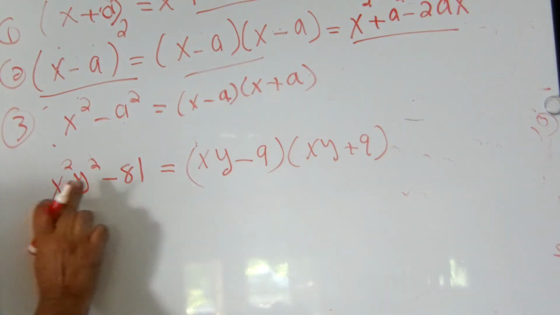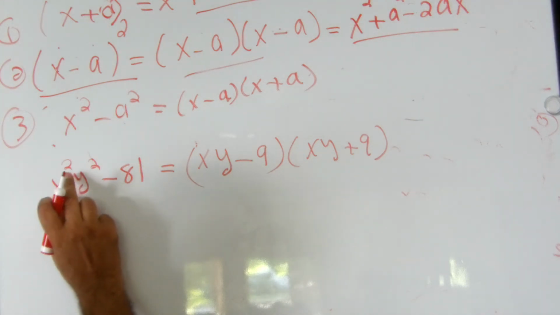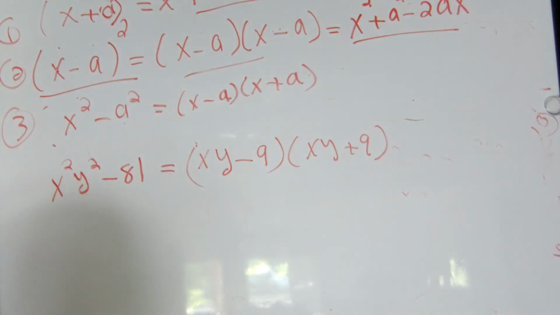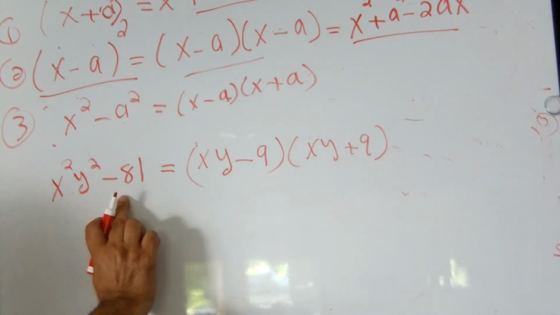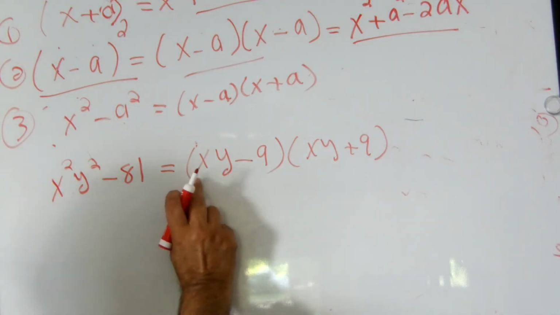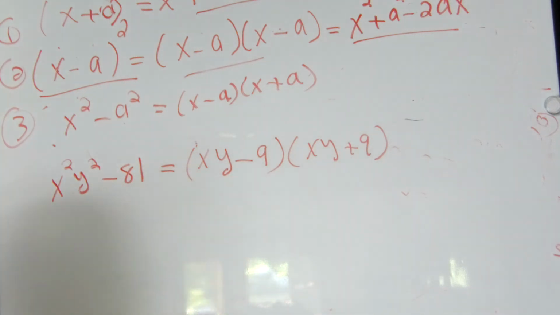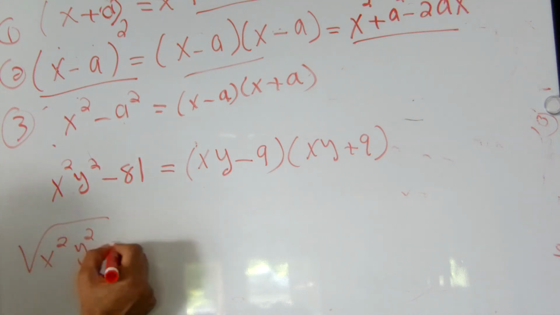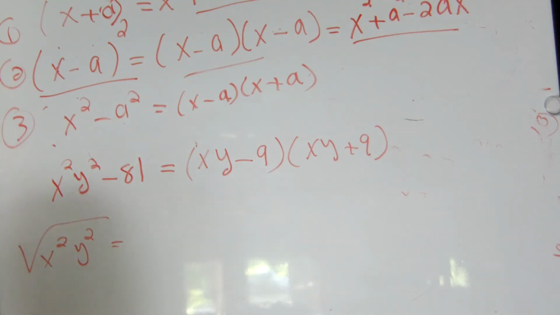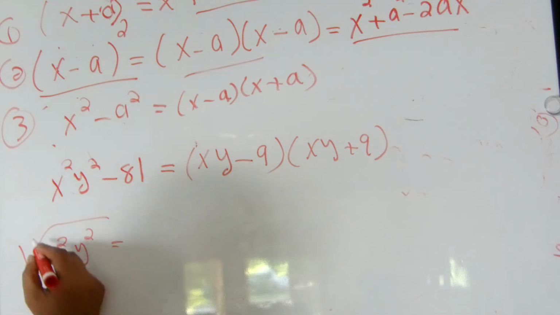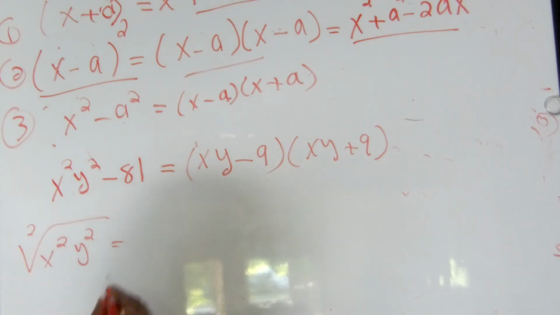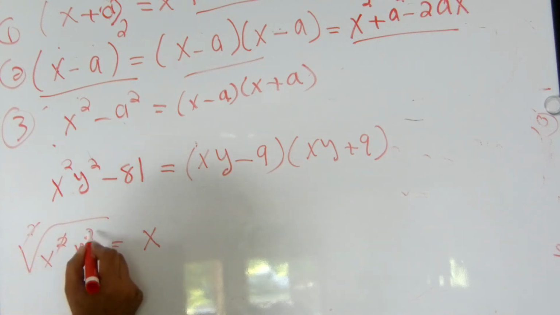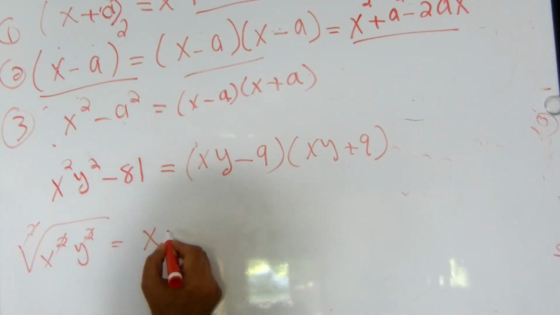We take the square root of the first item and the second item. The square root of x squared y squared: it has two indices, so x is going to come out because this cancels out, and y is going to come out of the radical.